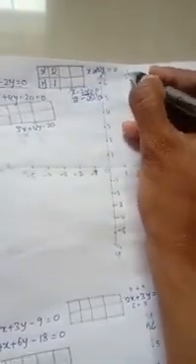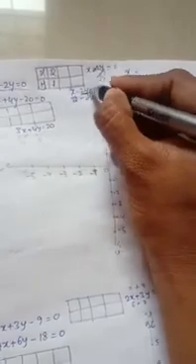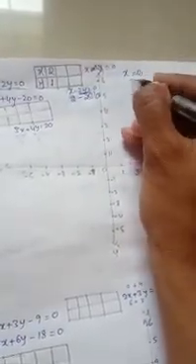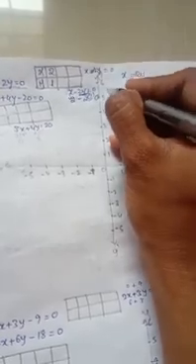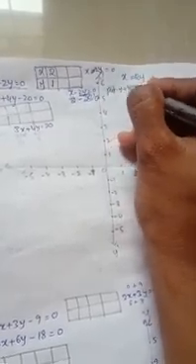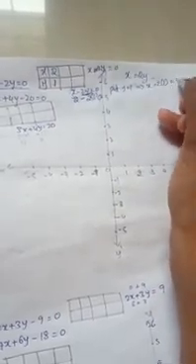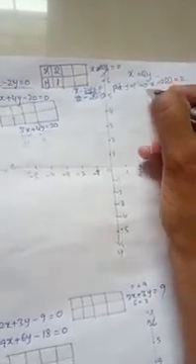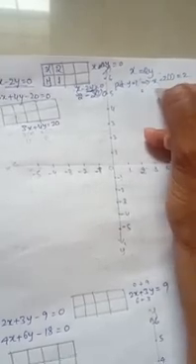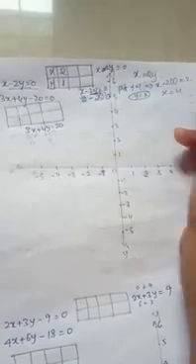Or, the minus 2y can be shifted to the right side, so x is equal to 2y. When we put y is equal to 1, x is equal to 2 times 1, which is 2. When we put y is equal to 2, the value of x is 2 2s are 4.